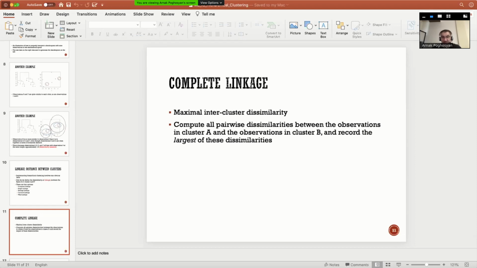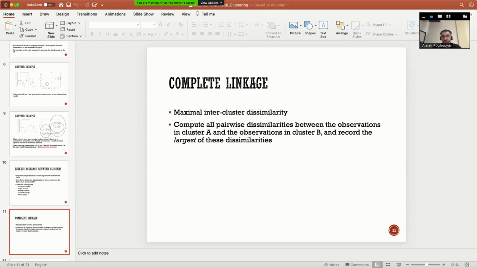So complete linkage is actually returning the maximum distance from all of the distances that we have within the observations from cluster A to cluster B. Even if these clusters are rather close in terms of some points, you are always returning the maximum.